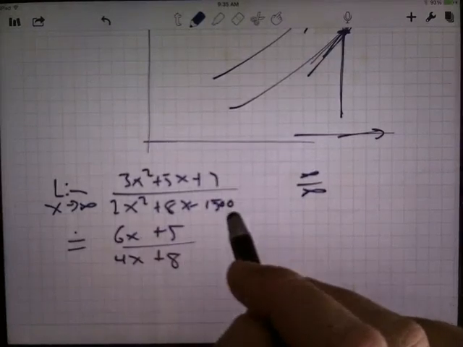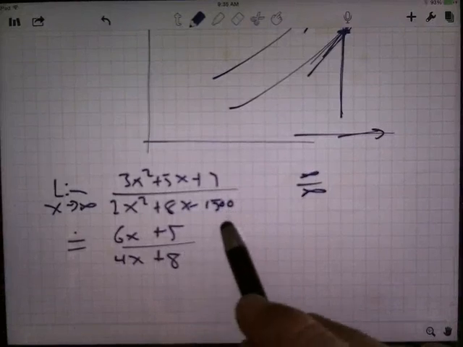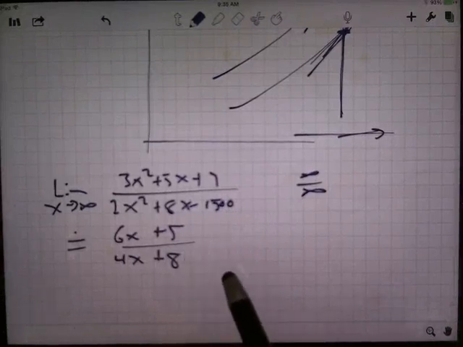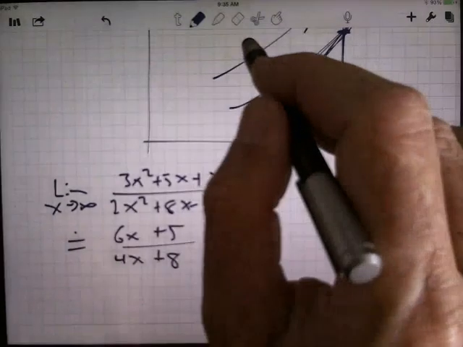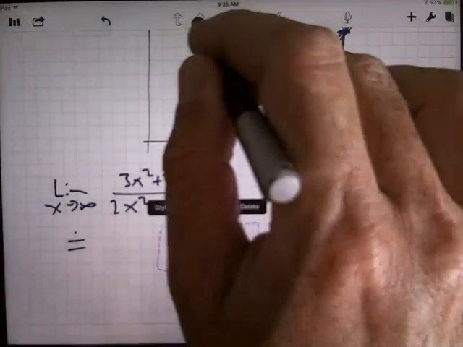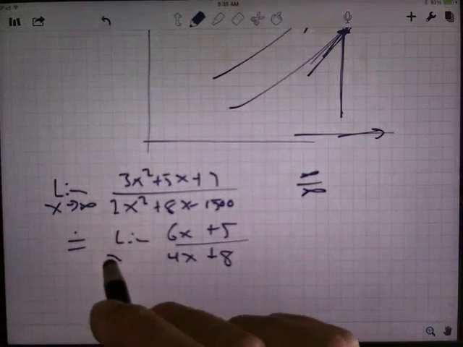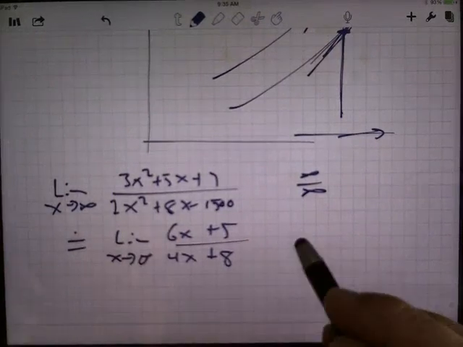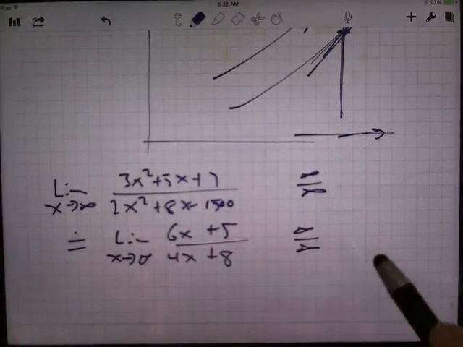You can see that the constants really don't have any effect anymore. They're not even represented here. I'm still taking the limit of this as x goes to infinity, and I'm still in an infinity over infinity situation.